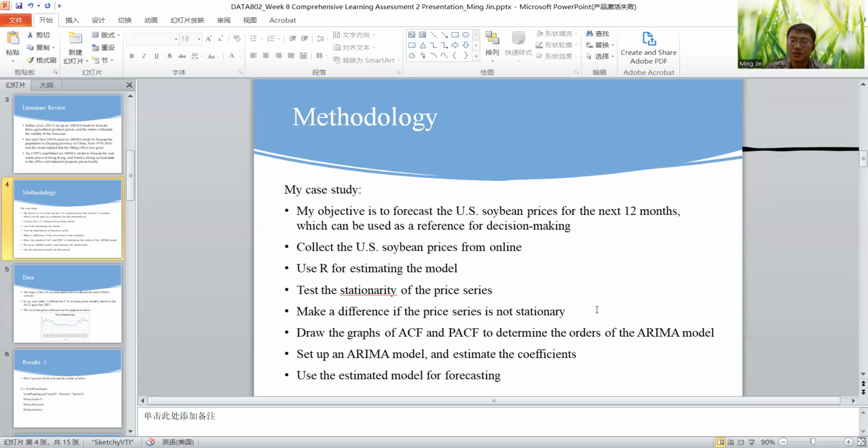Then we can set up an ARIMA model and use R to estimate the related coefficients of the model. And finally, we can use the estimated model for forecasting the soybean prices in the future.